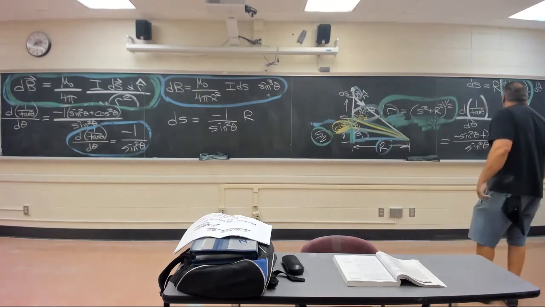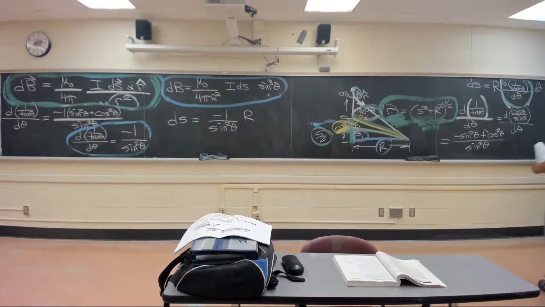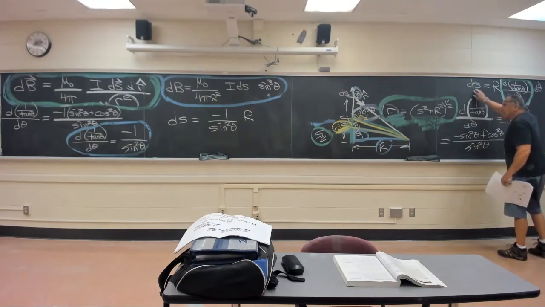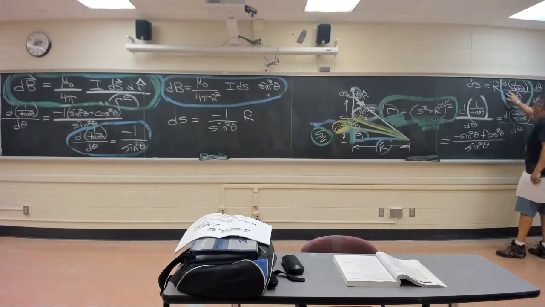Let's see here, where we were, guys. There's the ds, and there's a capital R. This is negative 1 over sine squared theta, and this is d theta.